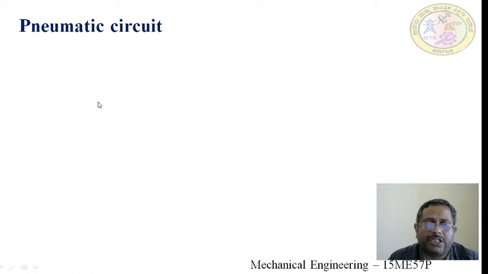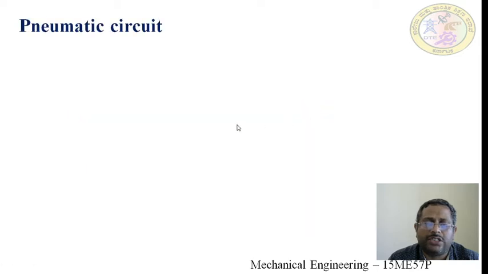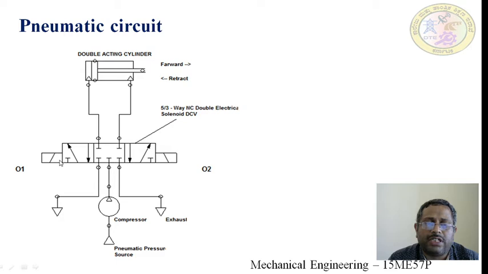This is the forward coil of the DCV, and this is the retraction coil of the DCV. These two are electrically operated solenoids. When we press S1 in the ladder diagram, the forward coil will be energized and O1 will be energized. As soon as O1 is energized, the pneumatic circuit gets energized, and air is supplied with pressure to this end and moves the piston in the forward direction. In the same way, when you press switch 2 in the PLC, the solenoid coil O2 will be energized.